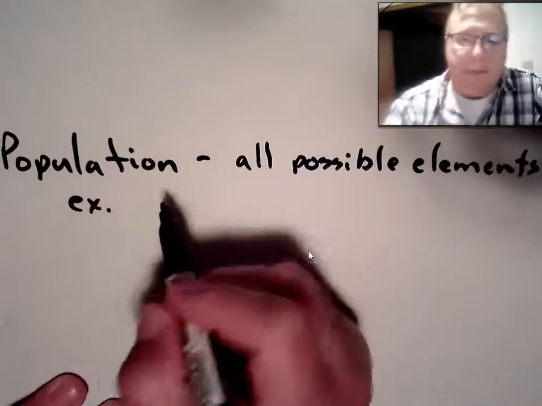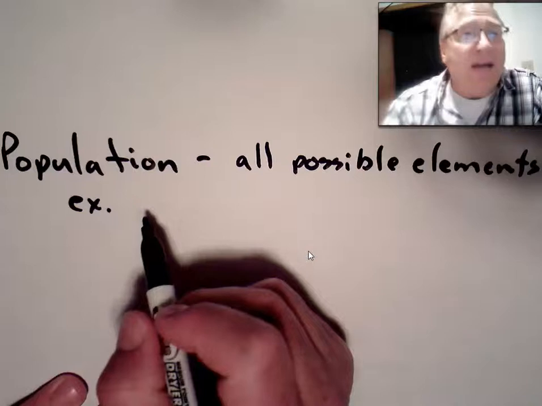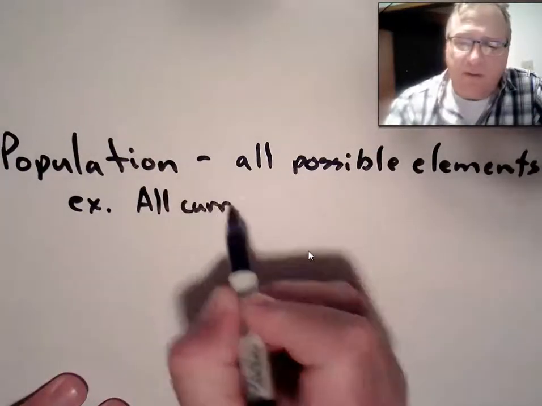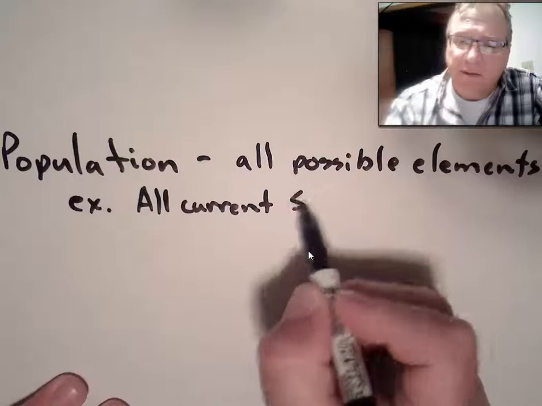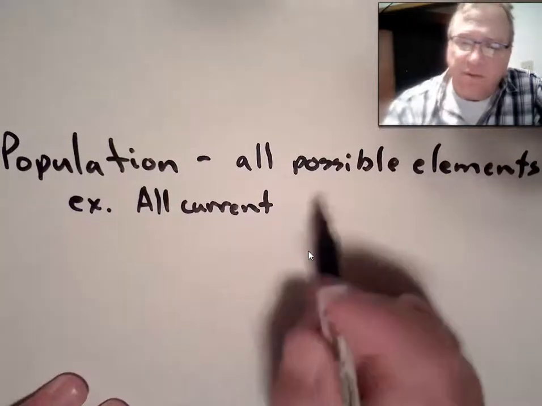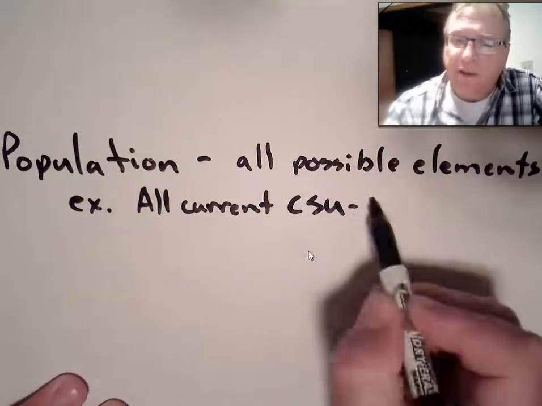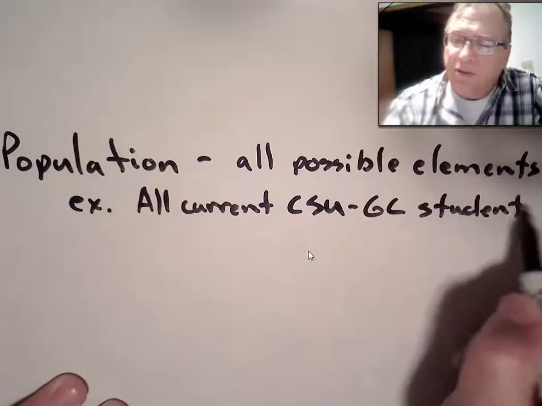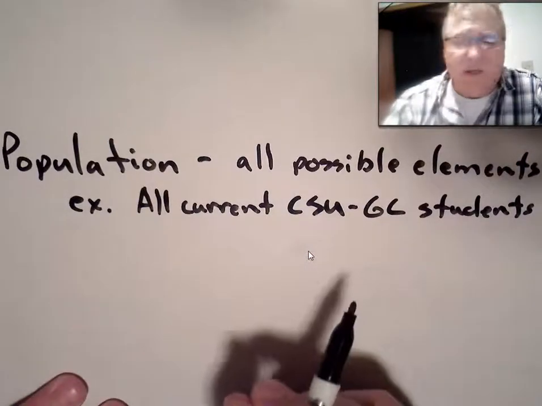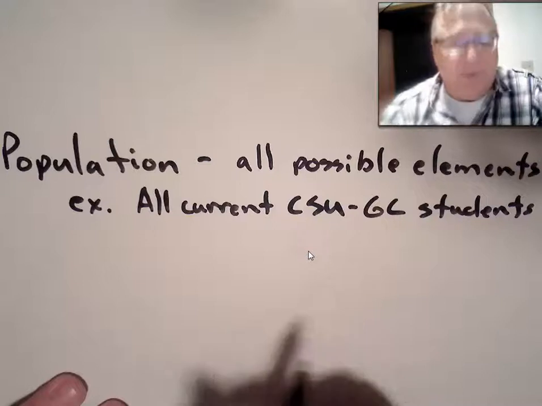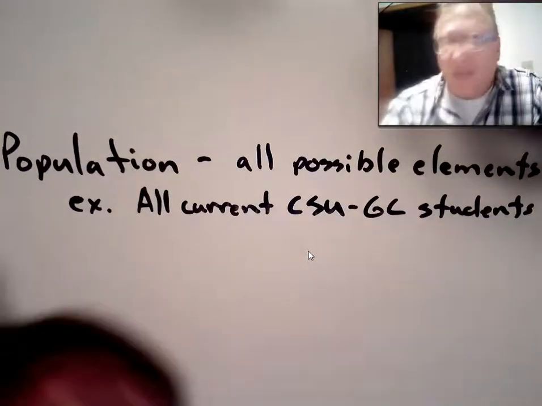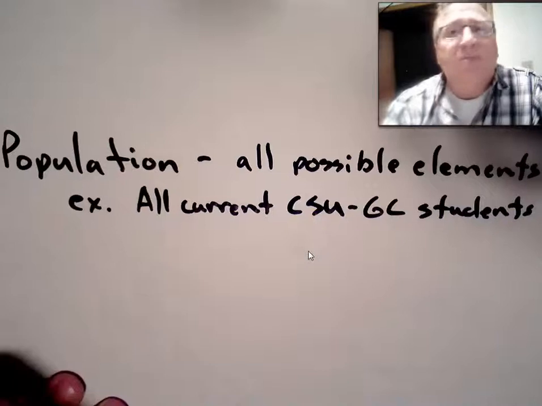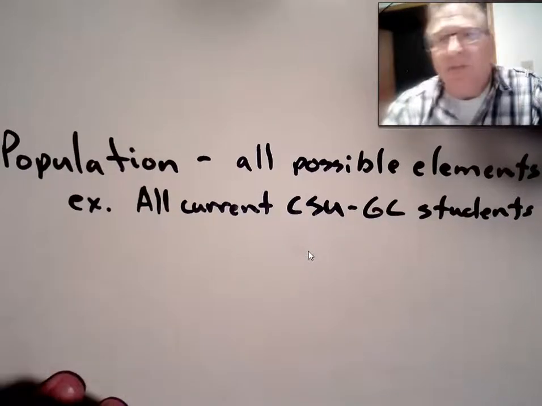We could define as the population all current CSU Global Campus students. So it's everyone in our class, everyone in other sections of Math 156, every other student who's currently going to school at CSU Global comprises the population of students by our definition.